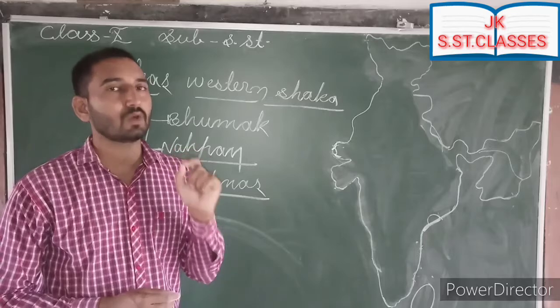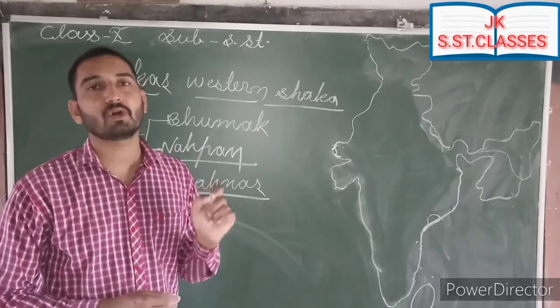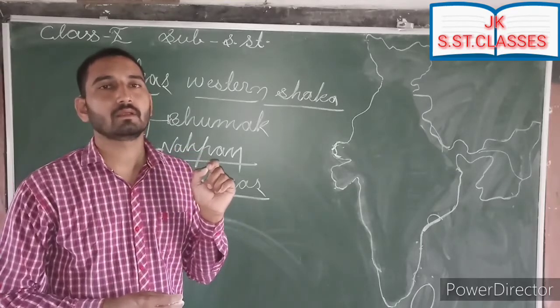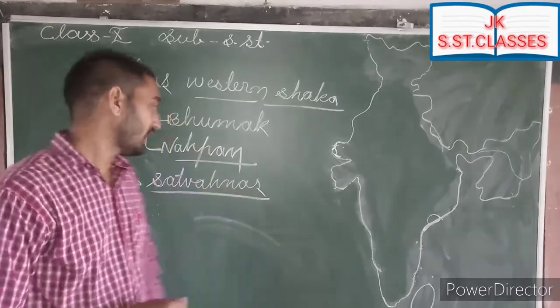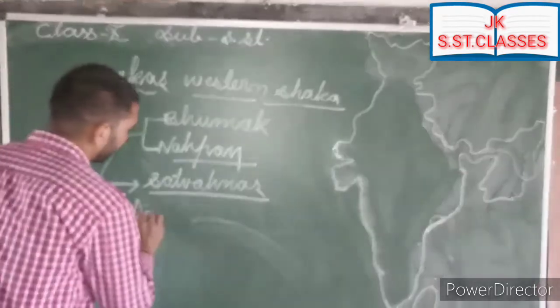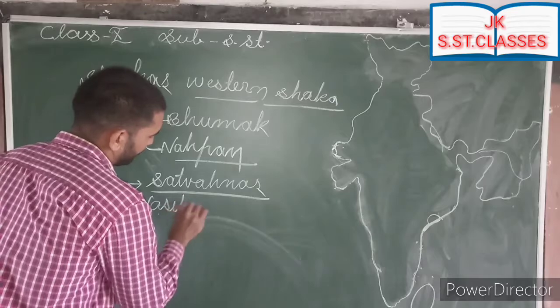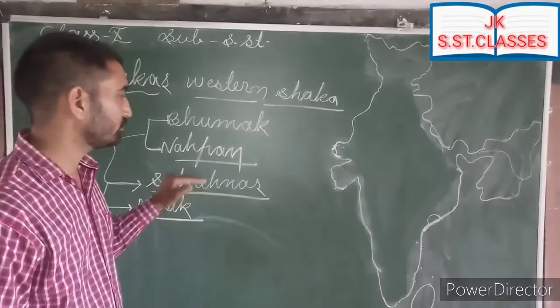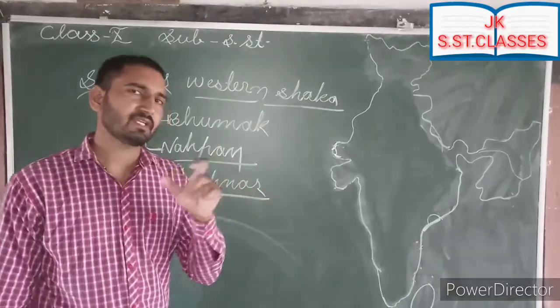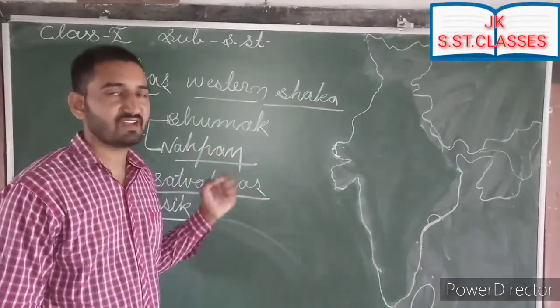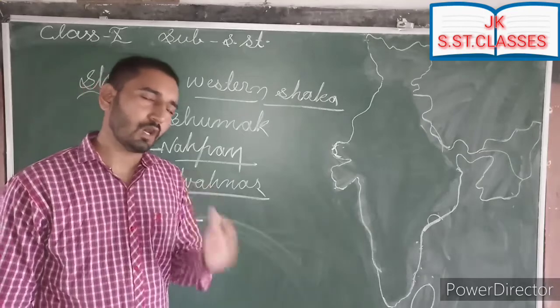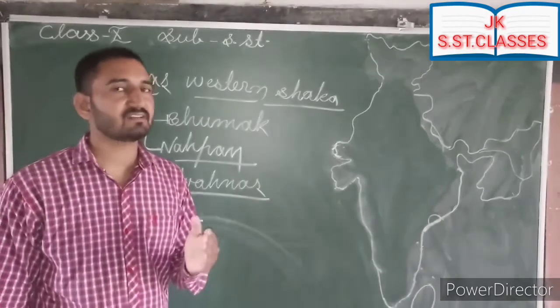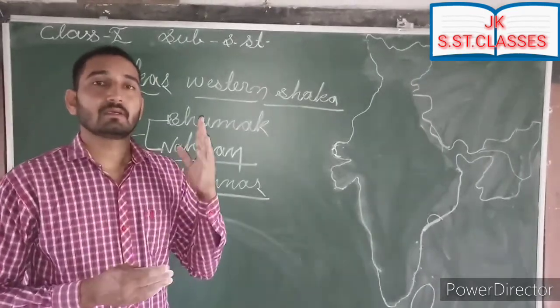find on the coins obtained from Jogalthembi. Okay, after that, on the basis of the Nasik rock edict, we can say that Gautamiputra Satakarni was the destroyer of the Western Shaka Satraps.